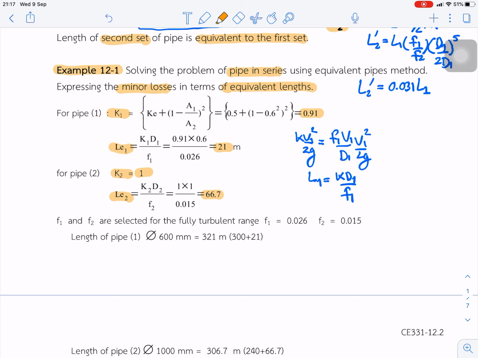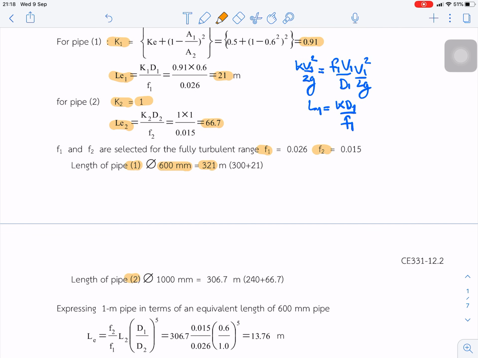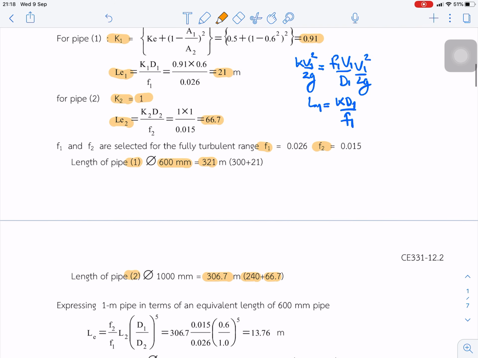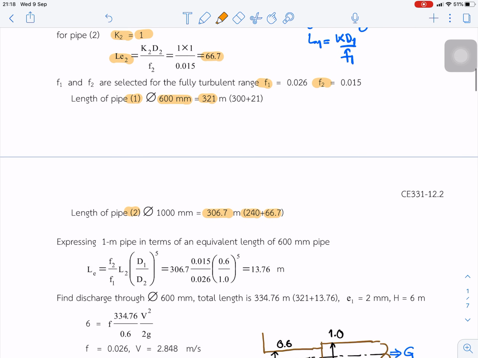For f1 and f2 equal to 0.026 and 0.015, the length of the first pipe of diameter 600 plus the minor loss gives 321, and for the second pipe, plus the minor loss, we get 306.7. This comes from the original pipe length, plus the minor loss converted to a length equal to the friction loss.